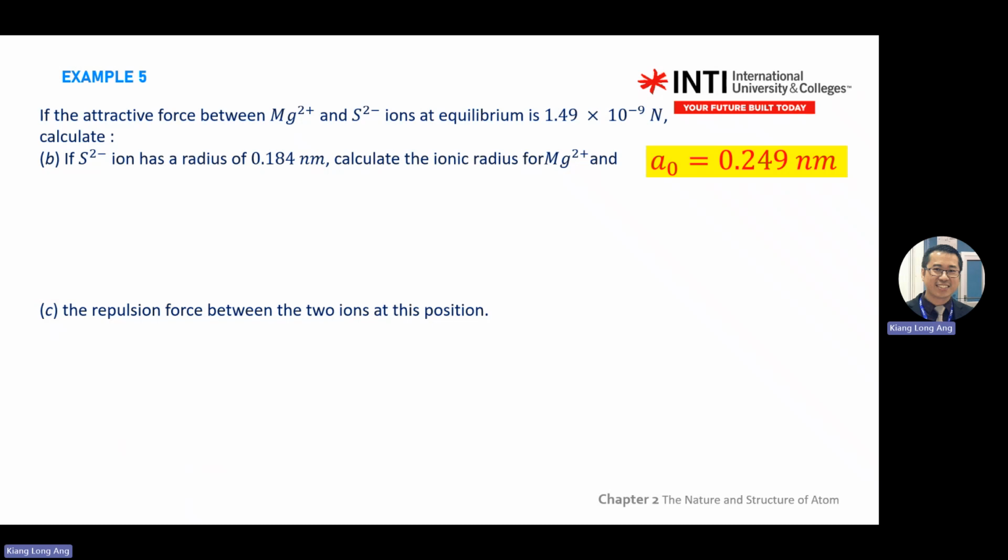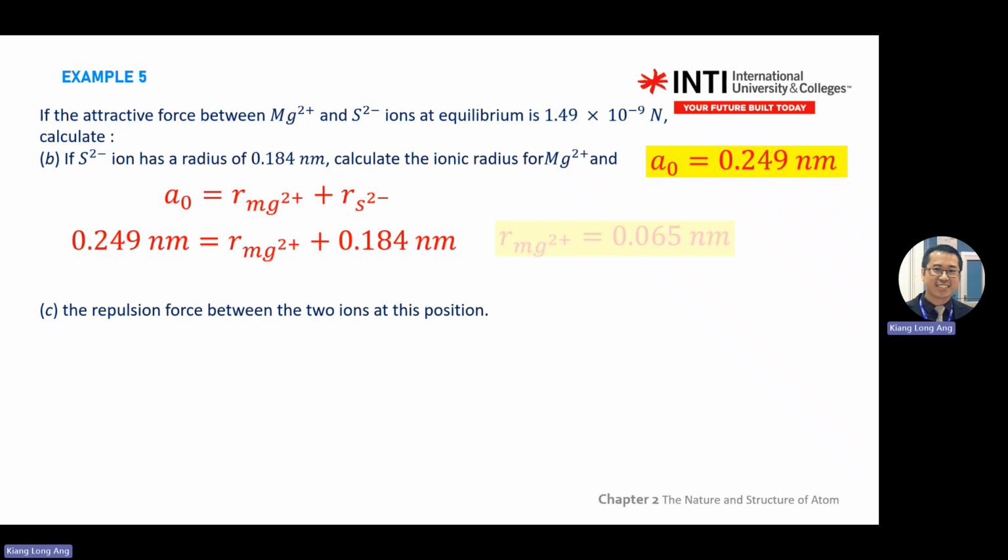It's a deduction kind of equation. So A naught equals r plus big R. So we want to find this one. This one was given. This one you calculated in section A. You find the missing value. At the end, you get 0.06 nanometer for magnesium. Okay. Nothing complex here.